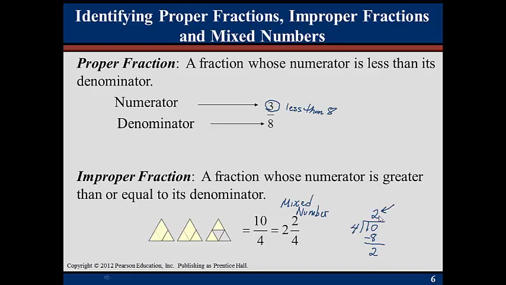So the number that we have up top in your quotient would represent the whole number. The remainder would be the numerator, and the divisor would be the denominator. And this becomes 2 and 2/4.